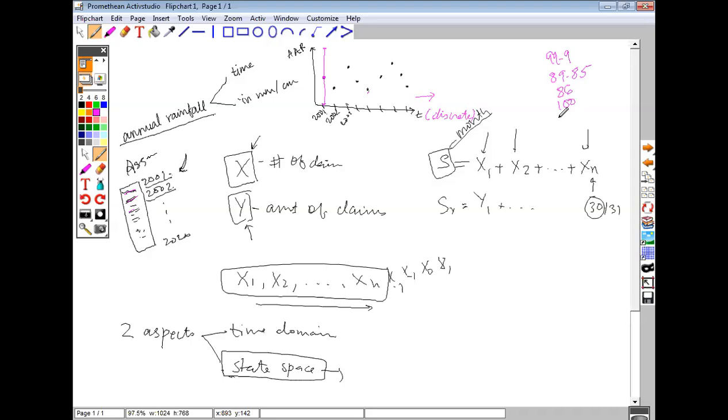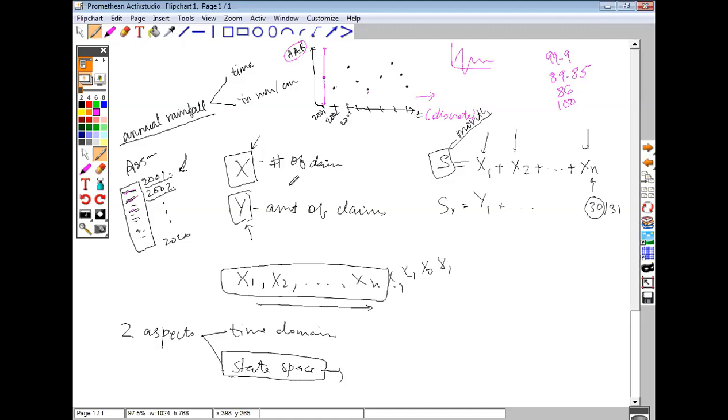Whenever I talk about continuous, I'm used to seeing a line something like this. Now when I plot some dots here, it kind of gives you an illusion that this might not be a continuous variable on the y-axis.